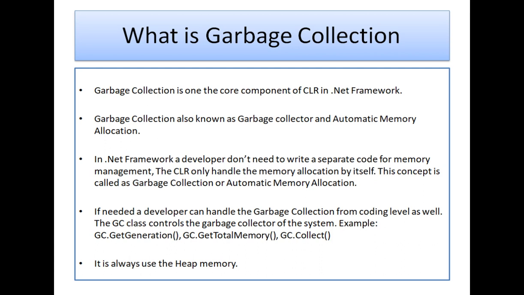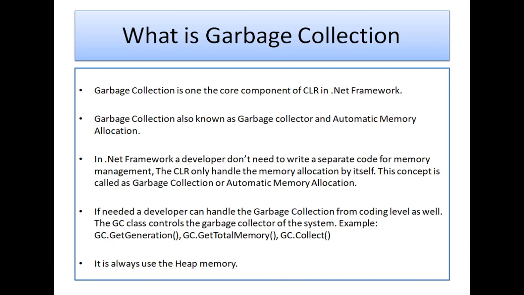The GC class controls the garbage collector of the system. For example, GC.GetGeneration method, GC.GetTotalMemory method, GC.Collect method, and there are many more methods also. So if you are a developer working with managed code, it is not necessary to write separate code for memory management.